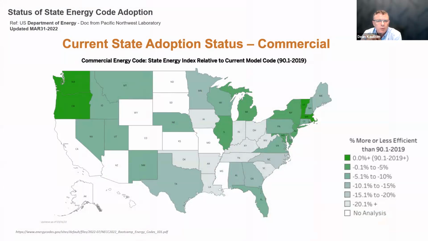So you can see places like Washington and Oregon, for example, as well as Massachusetts, really more on the cutting edge. They've really embraced the new codes, and they're really more energy efficient than some of the other areas that have not been analyzed, like some of the states in the middle of the country, for example.